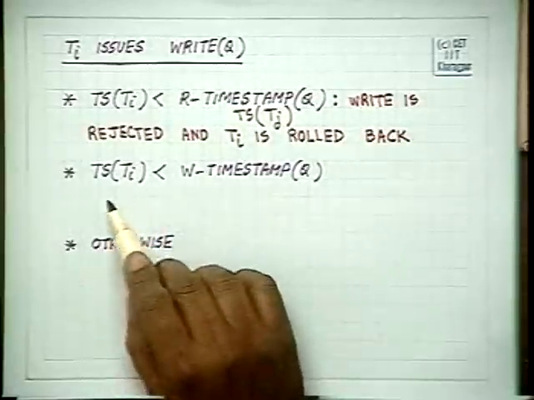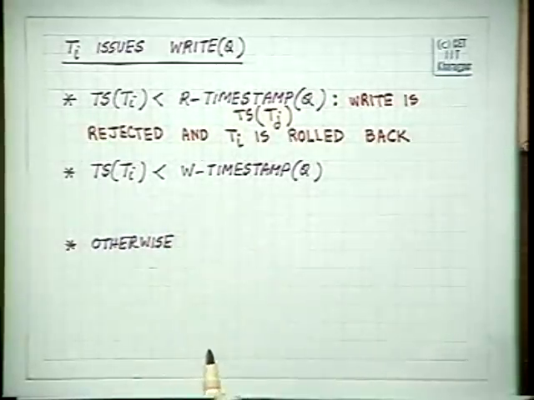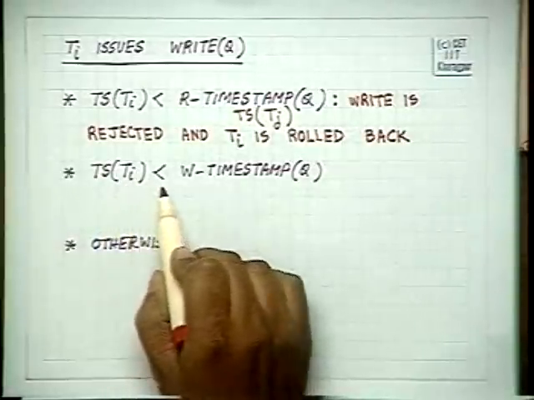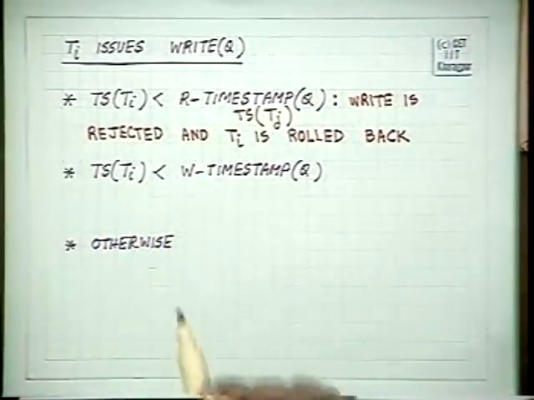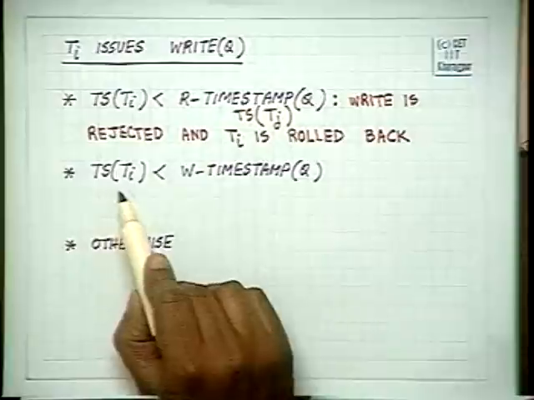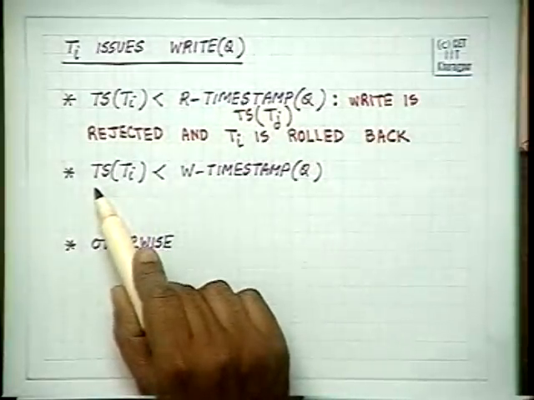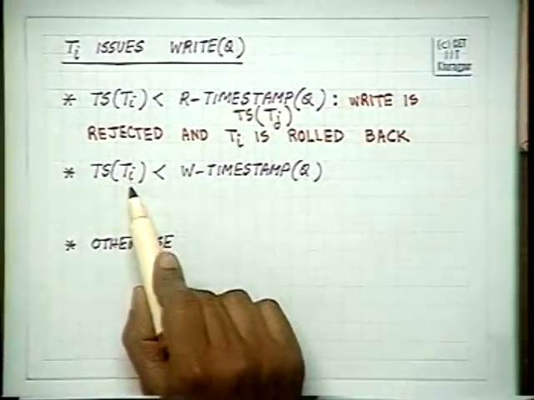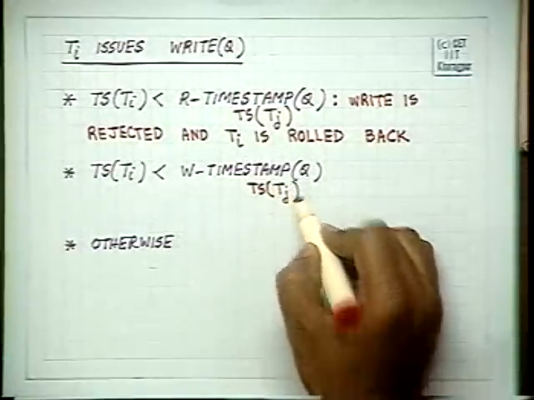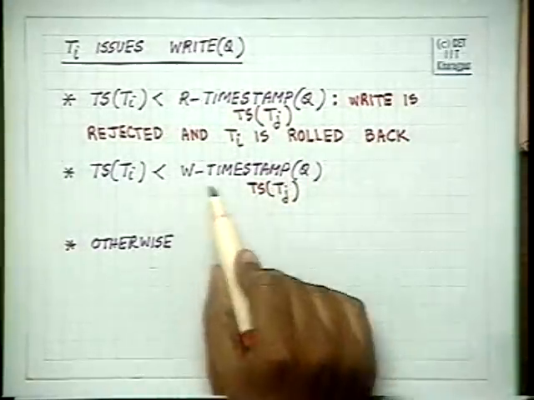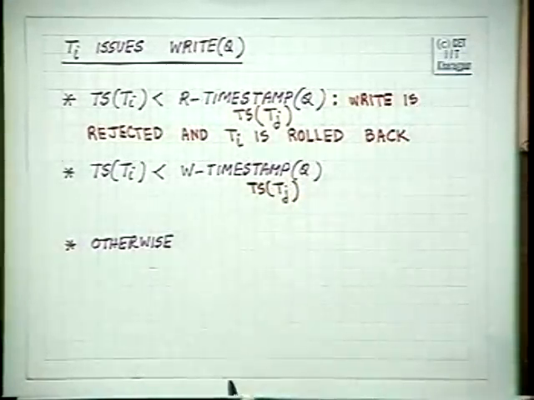Let us come to the next situation. TS(TI) is less than W-timestamp Q. In this situation, let W-timestamp Q be the timestamp of a transaction TJ.